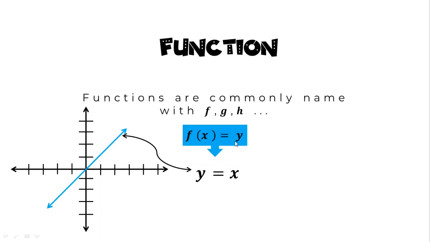So yung y is also equivalent to f of x. So pwede natin siyang isulat din as f of x is equal to x. Next is, kung gagamitin naman natin yung g, so g of x is equal to x. Kapag h naman, edi h of x is equal to x.